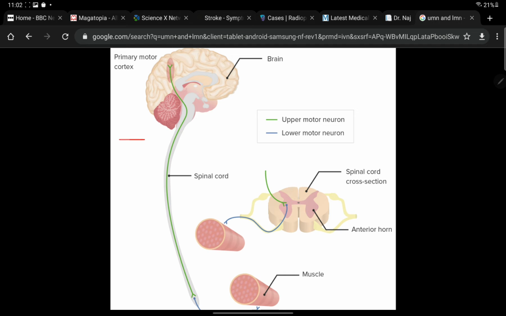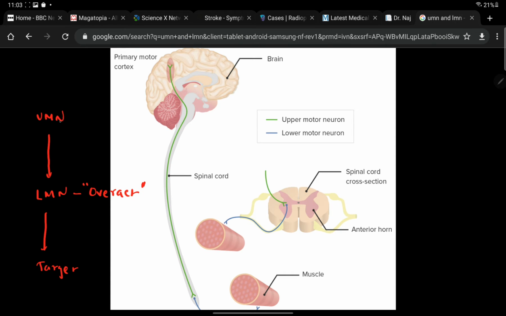So we can say that the upper motor neuron is controlling the lower motor neuron, and the lower motor neuron is controlling the target. This is actually what is happening. There is a tendency that the lower motor neuron always tries to overact, to increase its activity.